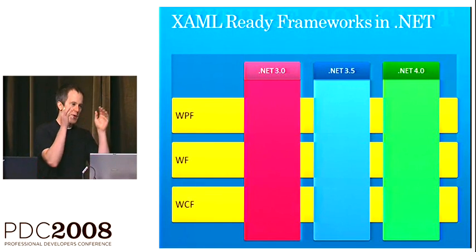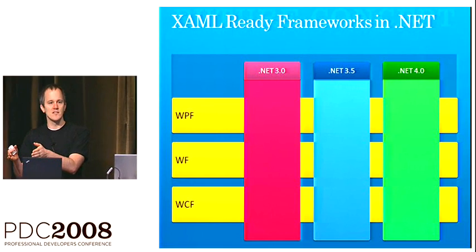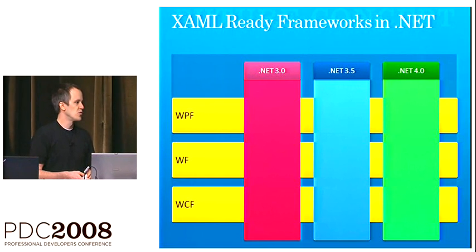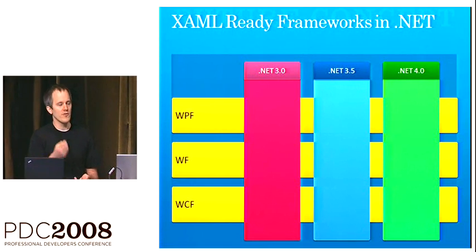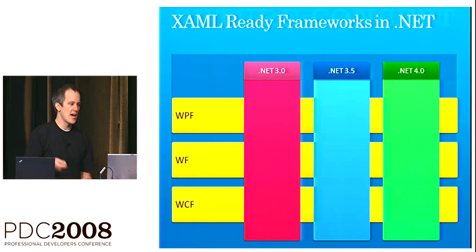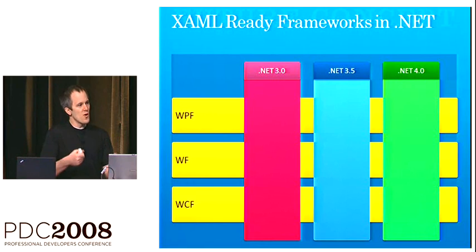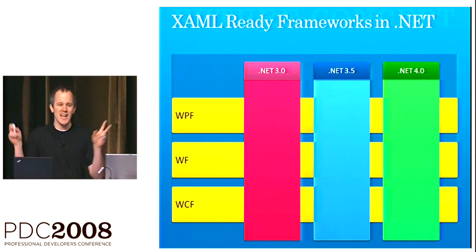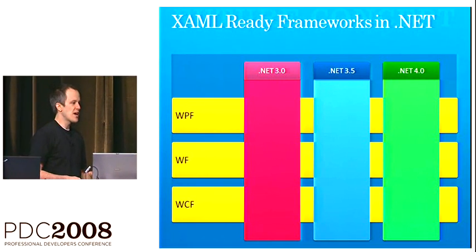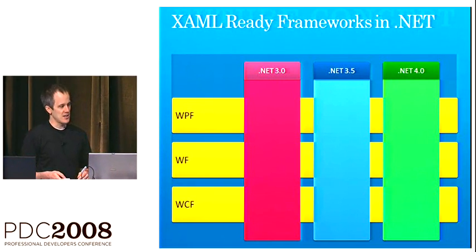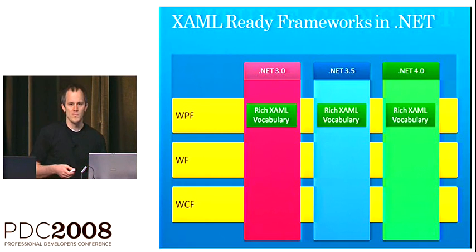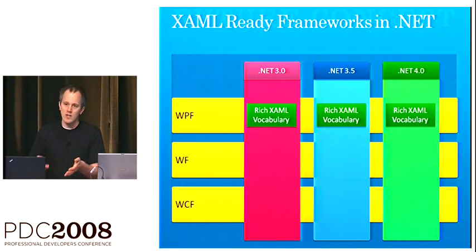Over the past few releases of the .NET framework, you can really see how the core frameworks like WPF, WF, WCF, Silverlight have been creating richer and richer XAML vocabularies. These frameworks are becoming more and more XAML ready. WPF really kicked it off in .NET 3.0 by shipping a rich XAML vocabulary for UI.